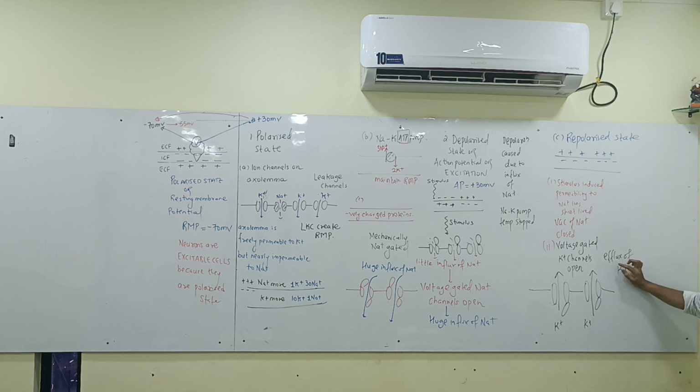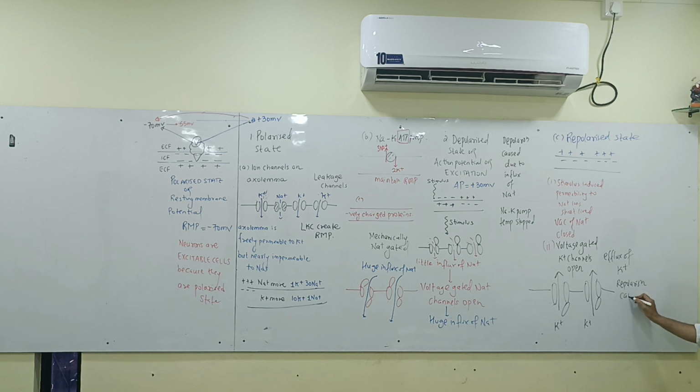बाहर जाने को इन्फ्लक्स कहते हैं कि इफ्लक्स कहते हैं? So due to the efflux of K plus, the outside will become positive, the inside will become negative, and this is called repolarization.